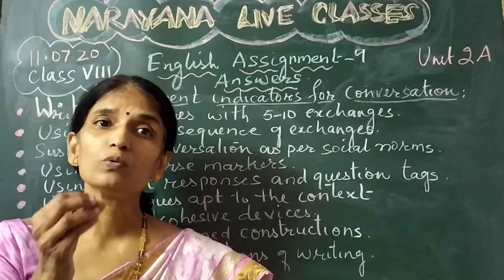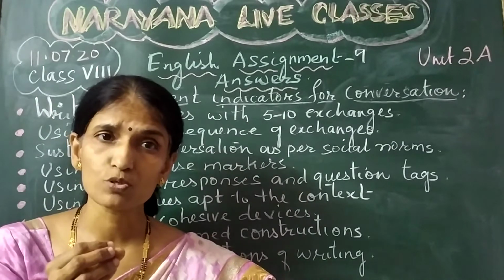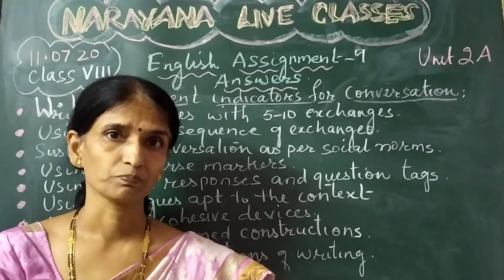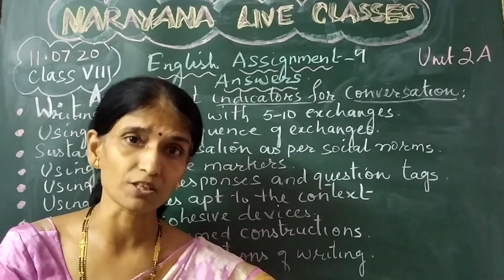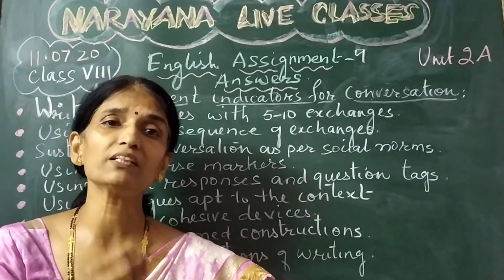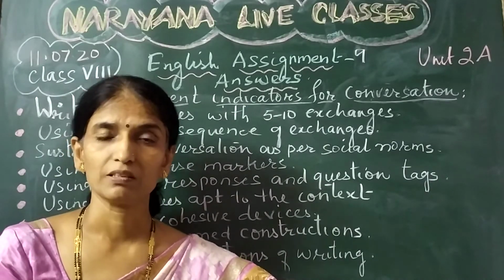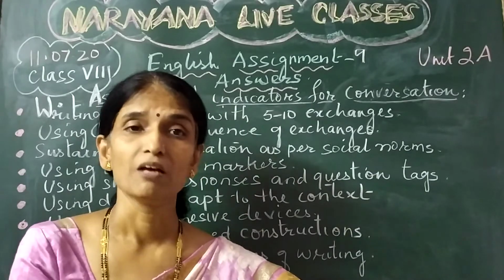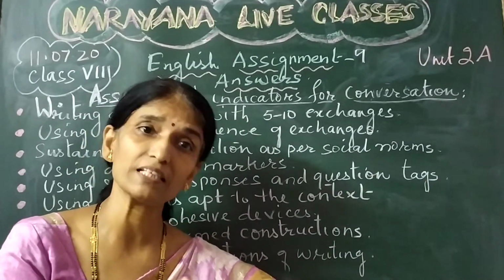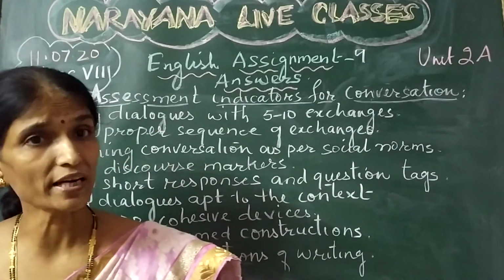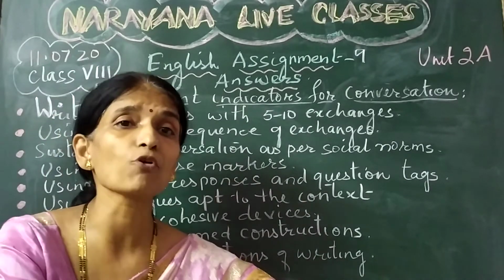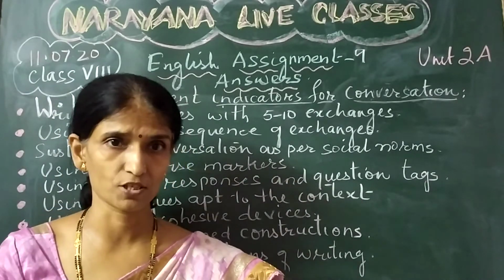The next indicator is using well-formed constructions. The English language follows structure. Our sentences follow structure, right? Everything that we utter has a definite structure. When I use an assertive sentence, it has a structure. When I use an interrogative sentence, it is different from the structure of an assertive sentence.